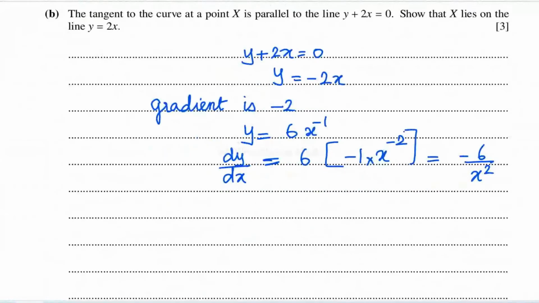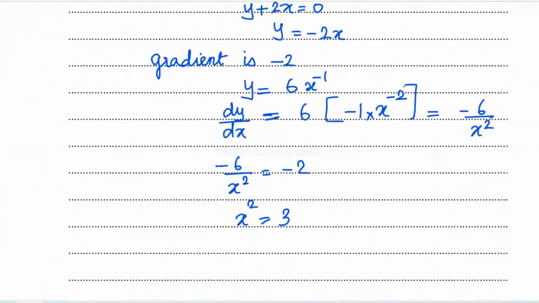And we know this is equal to negative 2. So x square equal to 3. So x equal to square root of 3.